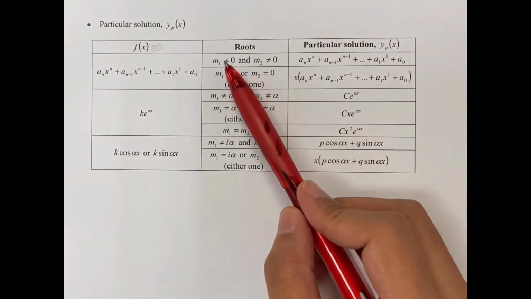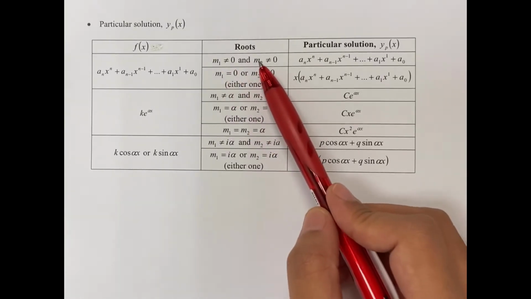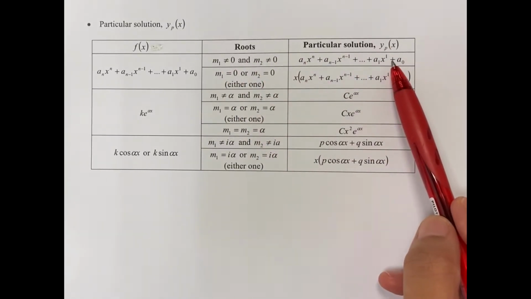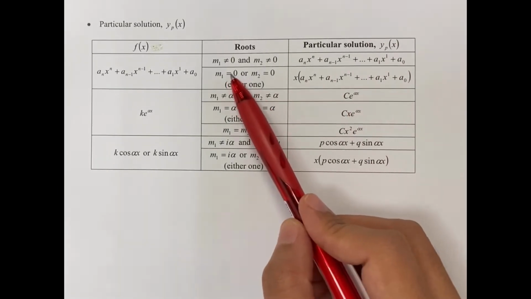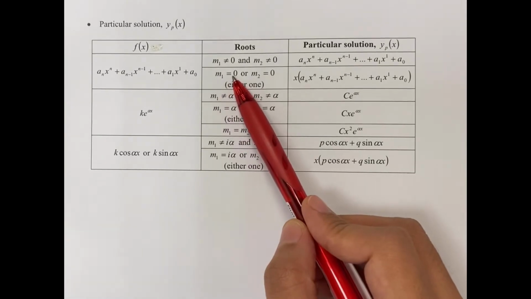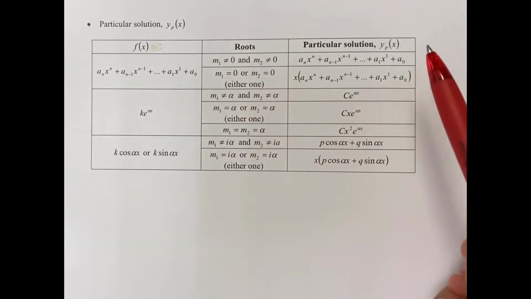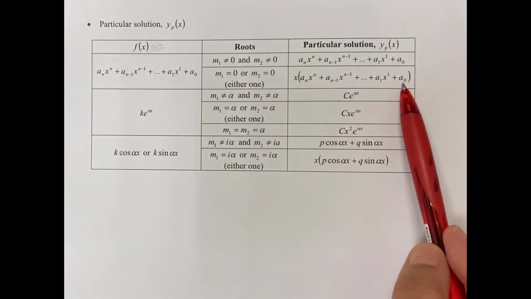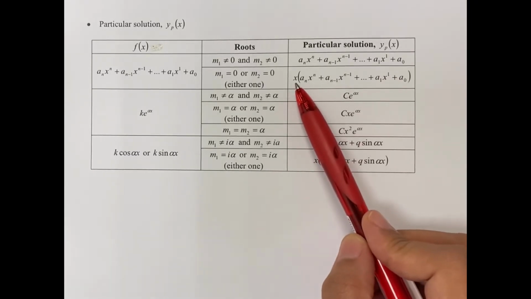If none of your m is equal to 0, then this will be your particular solution. But if either one of your roots is equal to 0, either m1 equal to 0 or m2 equal to 0, you need to multiply your polynomial with x.